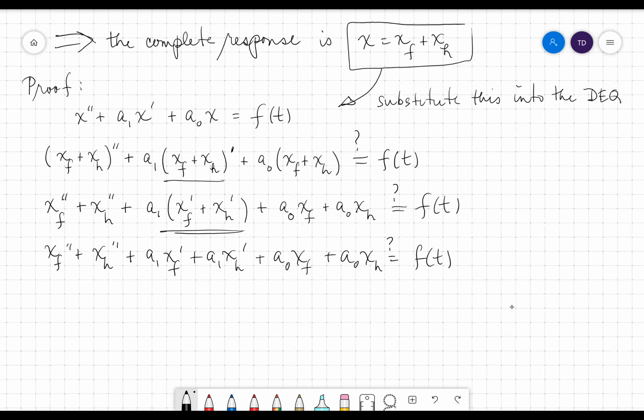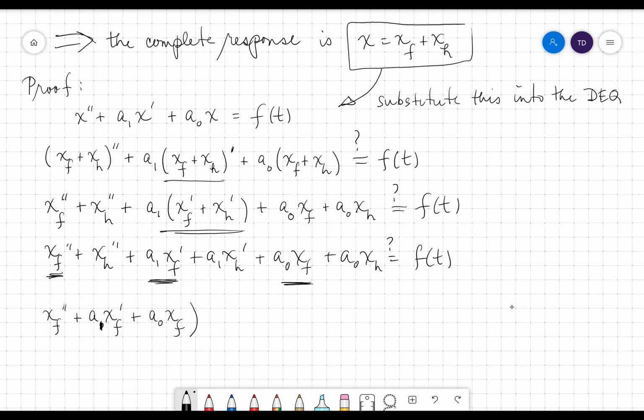Now I'm going to group all of the terms that have xF together, and all of the terms that have xH together. There's an xF term, there's an xF term, there's an xF term. Here we go: xF'' + a1 xF' + a0 xF.